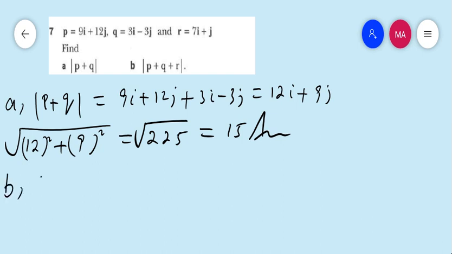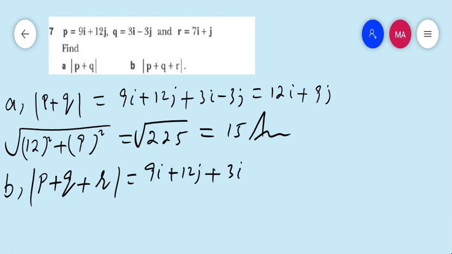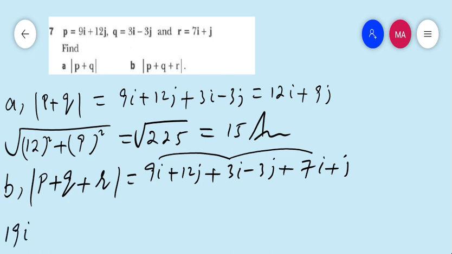Part B is find the magnitude of P plus Q plus R. P is 9I plus 12J plus Q is 3I minus 3J plus R is 7I plus J. 9I plus 3I plus 7I is 19I, 12J minus 3J is 9J, 9J plus 1 is 10J.